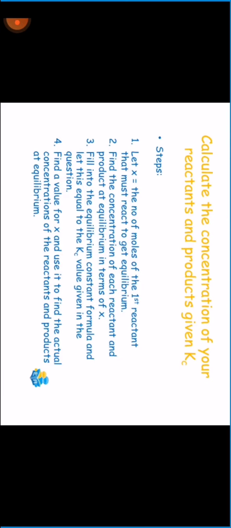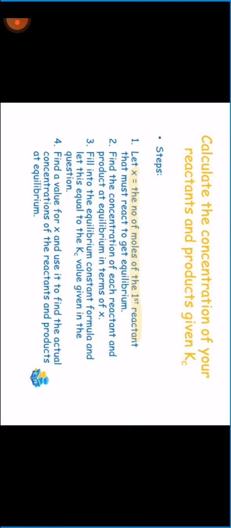Now you don't have to include that at the end, that's just me explaining it there to you. The second type of calculation that you can do is to calculate the concentration of your reactants and products when you are given your equilibrium constant. So the steps for that are to let X be the number of moles of the first reactant that must react to get to equilibrium.